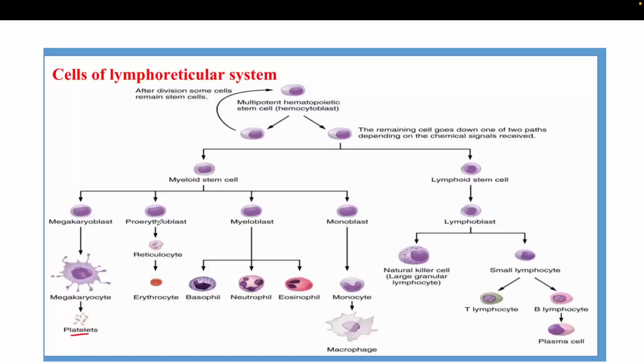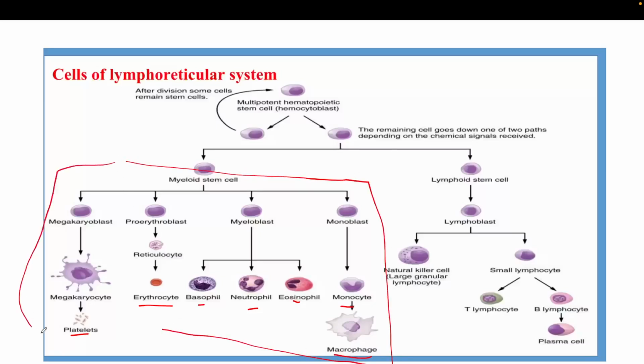From proerythroblast it will give you the erythrocyte or RBC. From myeloblast it will give you the basophil, neutrophil or eosinophils. From the monoblast it will give you the monocyte, and after monocyte, the macrophages. All these cells are essential for innate immunity.